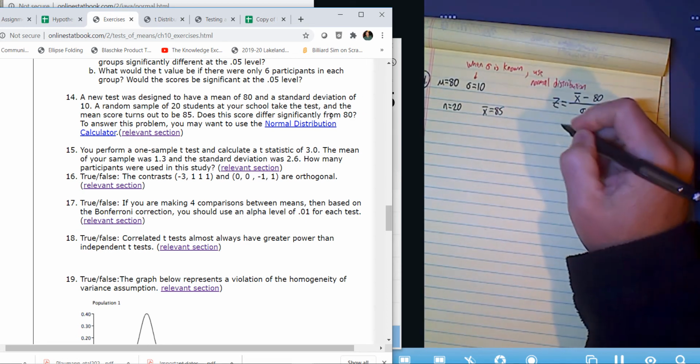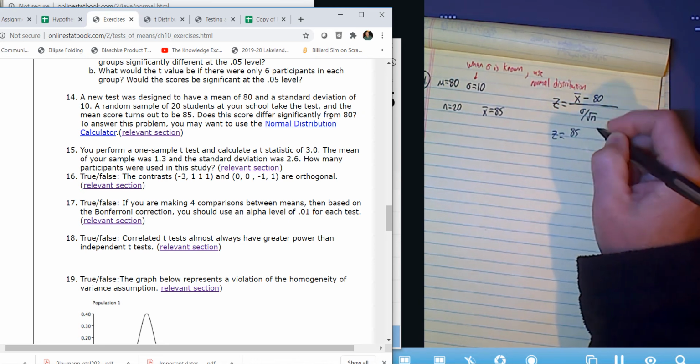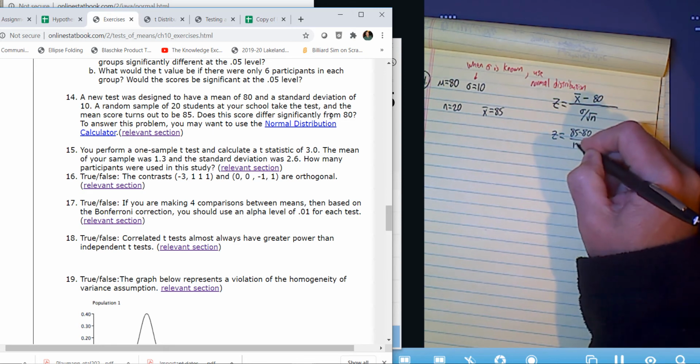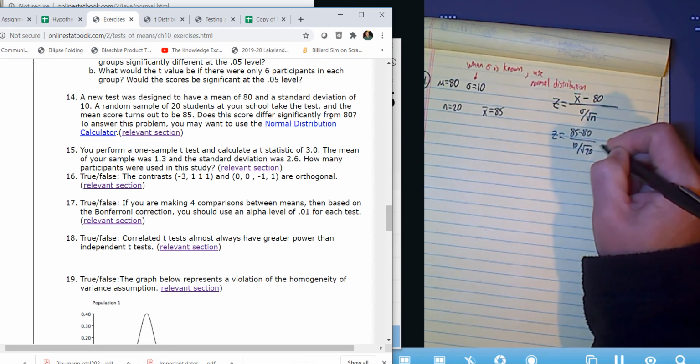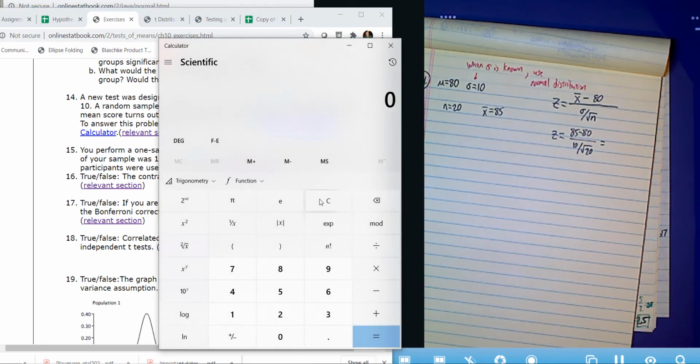And so I guess I'll fill in the rest of the numbers now. So we have 85 minus 80 divided by 10 over the square root of 20. So I'll have to be a little careful here when I use my calculator. I have 5, which is the numerator, divided by, and maybe I'll put some parentheses here, 10 divided by the square root of 20.